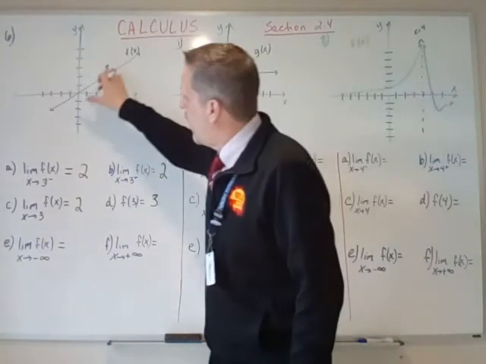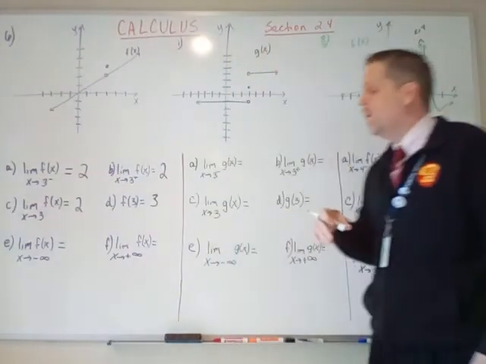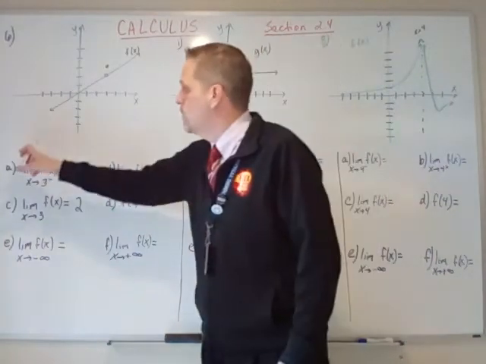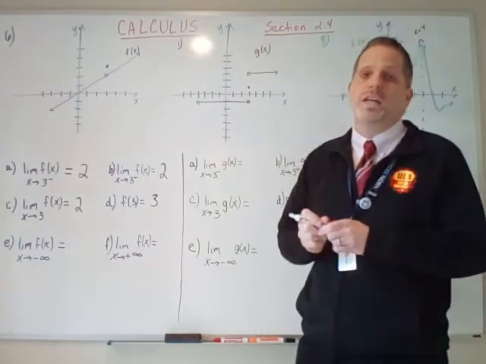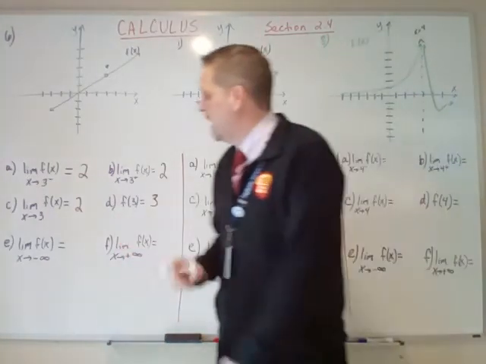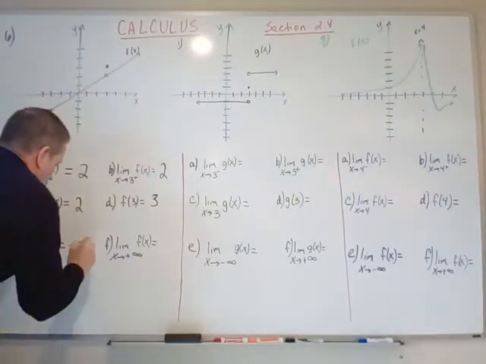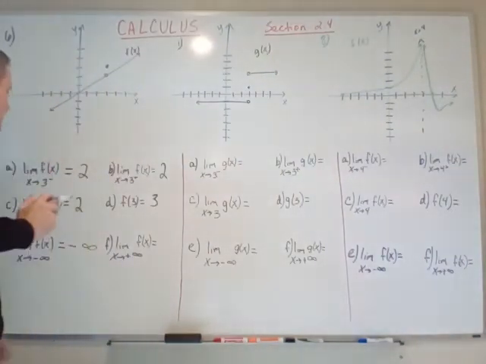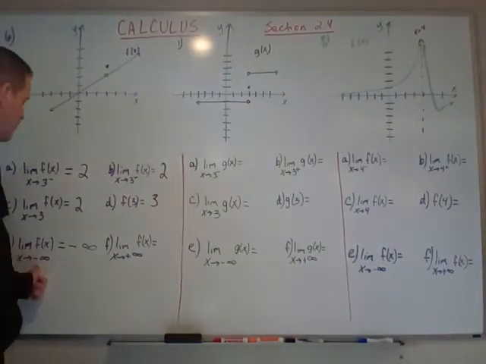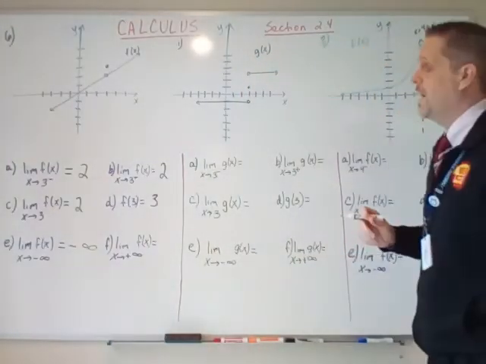So if we're on our graph, we can see that this arrow is pointing to the left, it is going down, and what that tells us is that this function f of x diverges to negative infinity, which again does not exist, but for notation we will write negative infinity here to show that we have a limit that does not exist. So as x approaches negative infinity, f of x goes to negative infinity as well. And again, limit speak, that diverges.